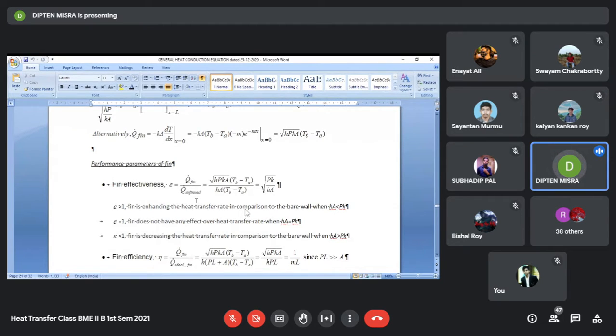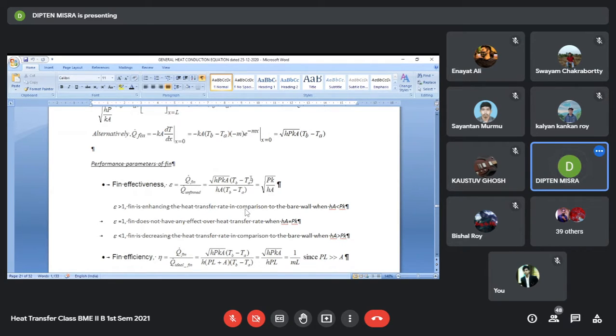By inappropriate situation, we mean that if the value of h is already very high, in an environment where the value of h is very high, there is every possibility that if we attach a fin, the effectiveness for the fin may be less than 1. That means the heat transfer rate from the fin may be less than when there were no fin.